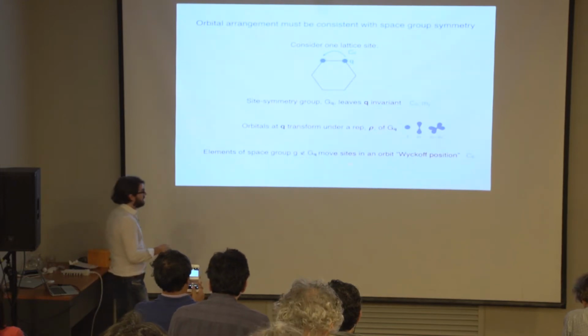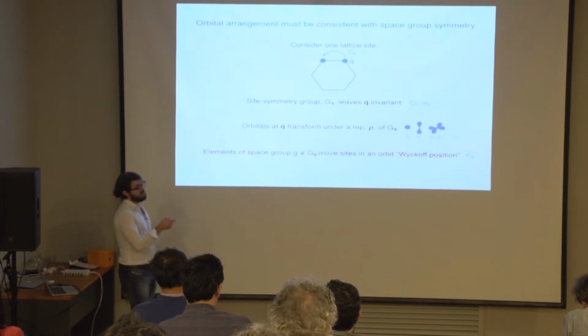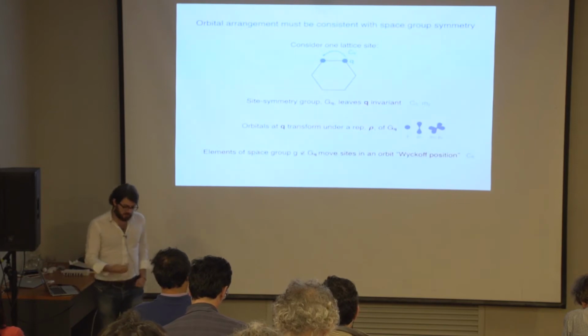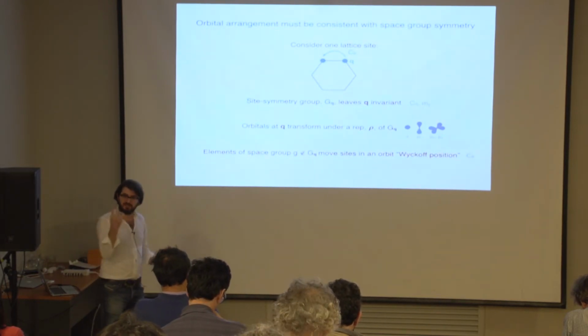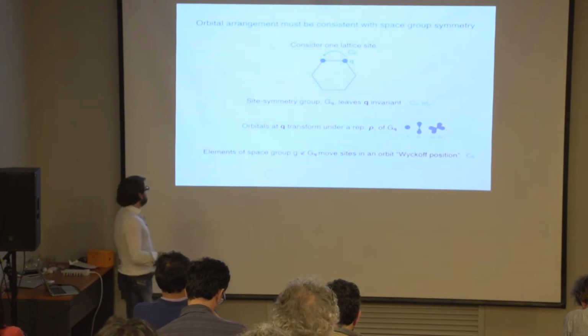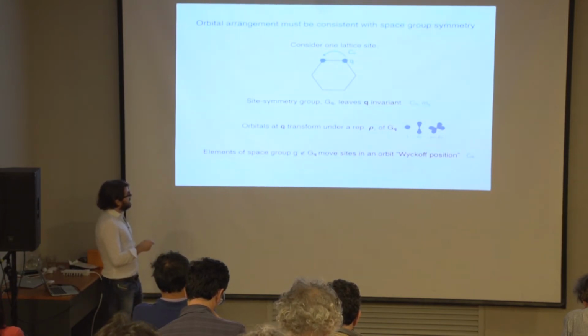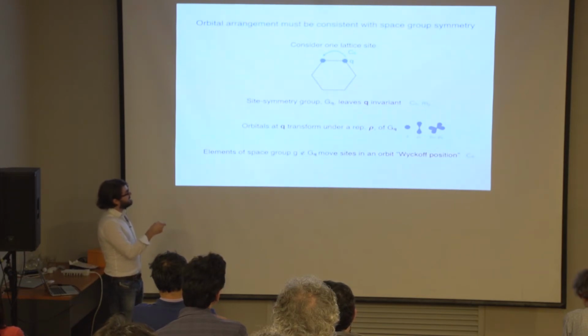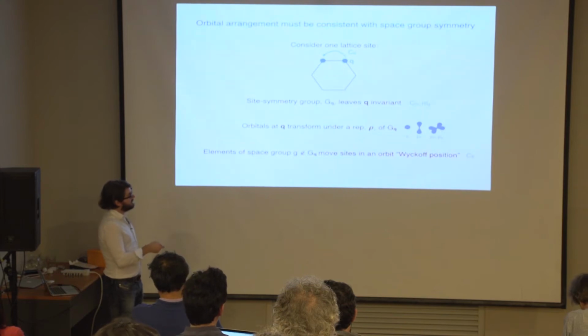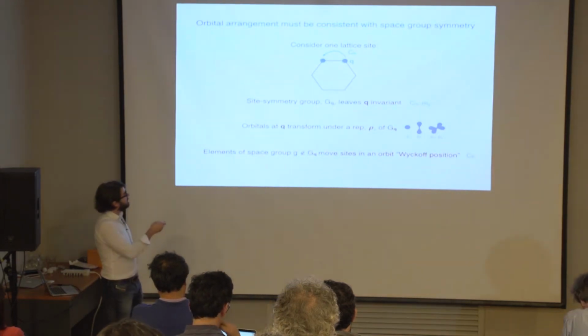And a Wyckoff position, in this case, contains two sites, and those are the A and B sublattices of graphene. So you can immediately see that the elements of the space group not in the site symmetry group, so C6 which is not in C3V, move the site A to the B site. So they move the sites in an orbit, and this orbit is really called the Wyckoff position.